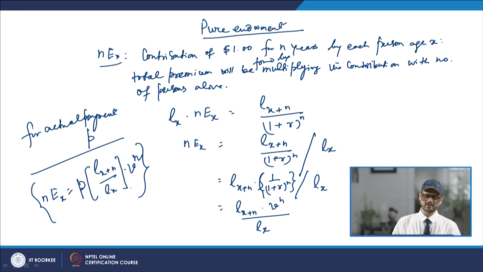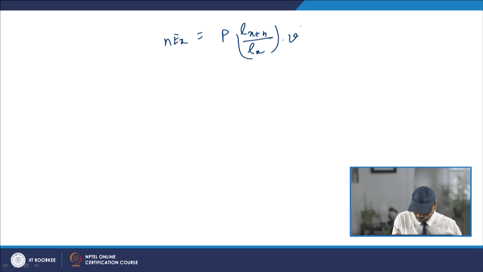This value can be further simplified. You can write it as P into lx plus n divided by lx into v raised to the power n.